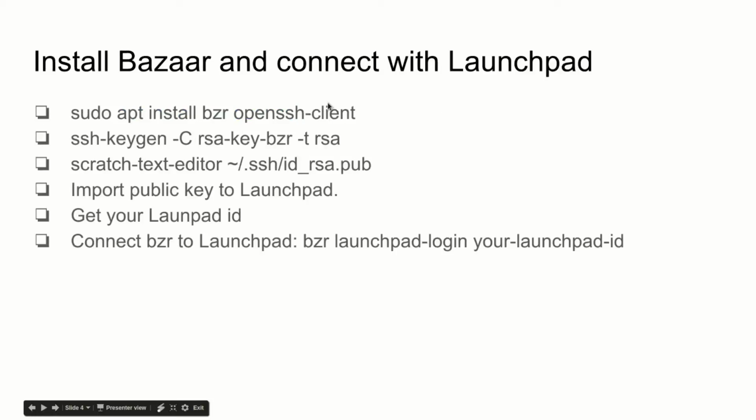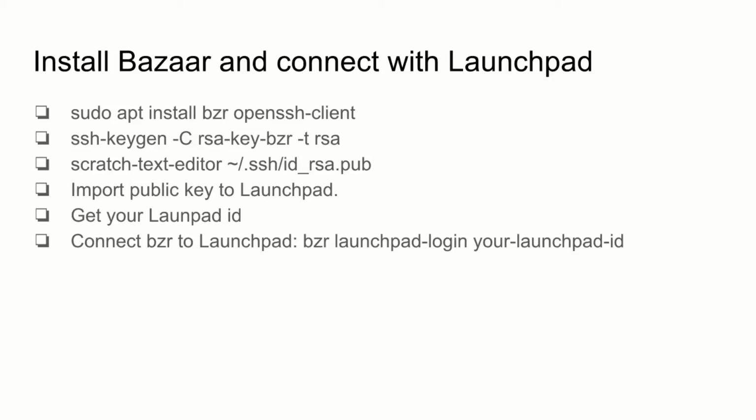So the next thing we're going to do is install Bazaar and connect it with Launchpad. We're going to open up a terminal and we're going to enter the command sudo apt install bzr and openssh-client. These are two things that we're going to need. Chances are openssh-client is already installed, but we'll go through the exercise anyway.